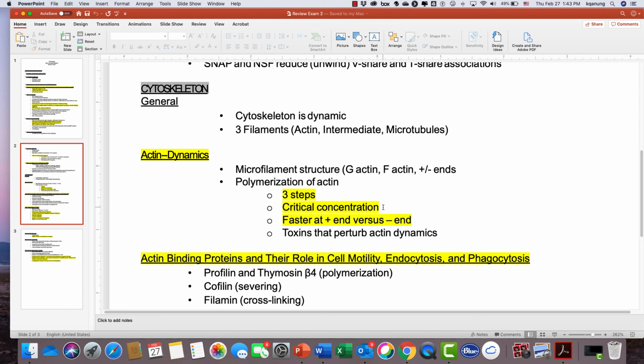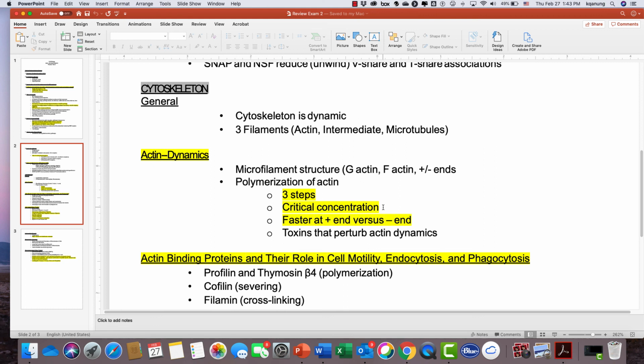That adds to what end? Plus end. So that's what it is. If you have these concentrations, at what concentration will it specifically add to the minus end? Remember that it has to be less than this but more than this. If that happens, it will add to that end.